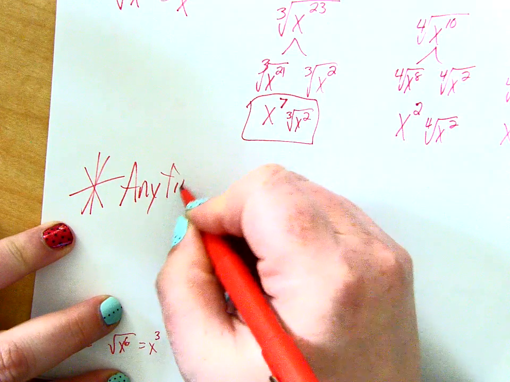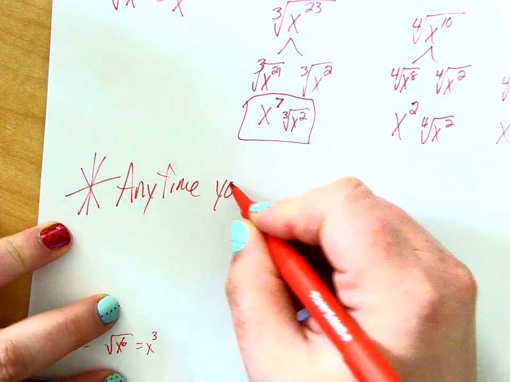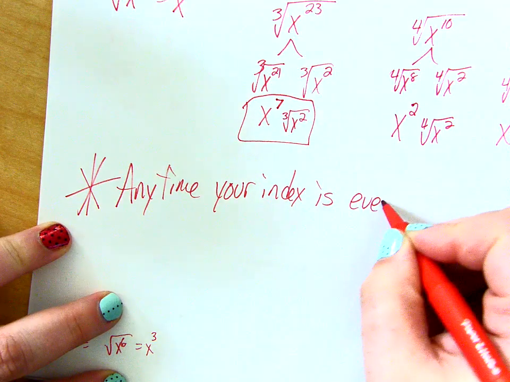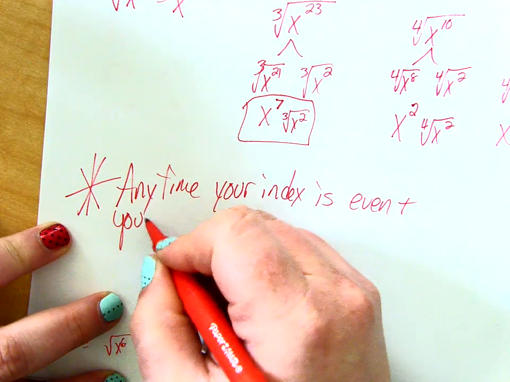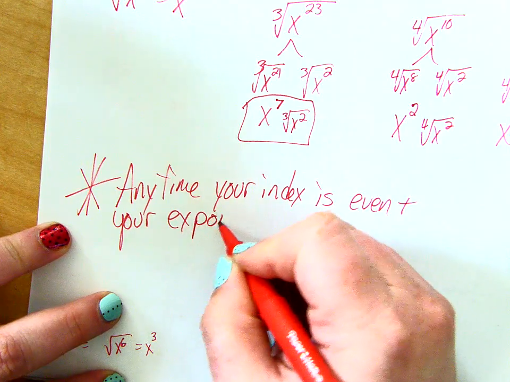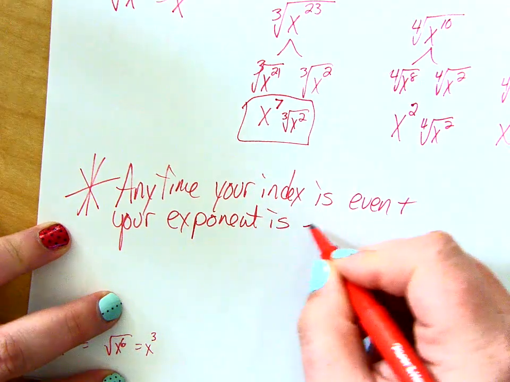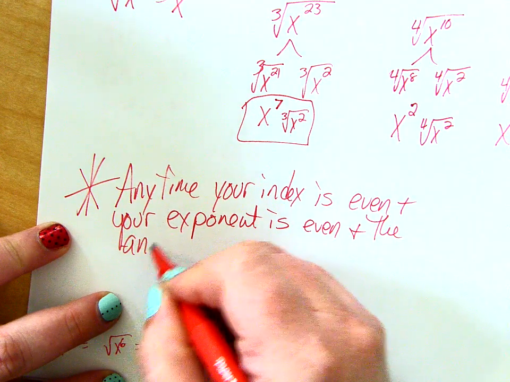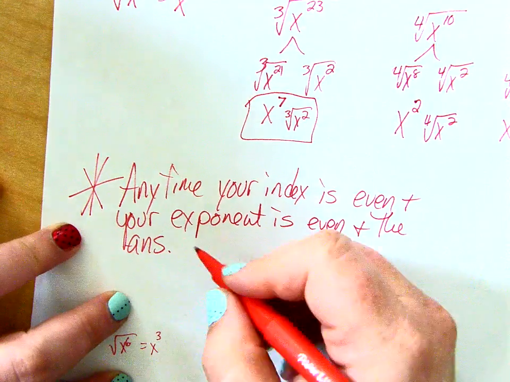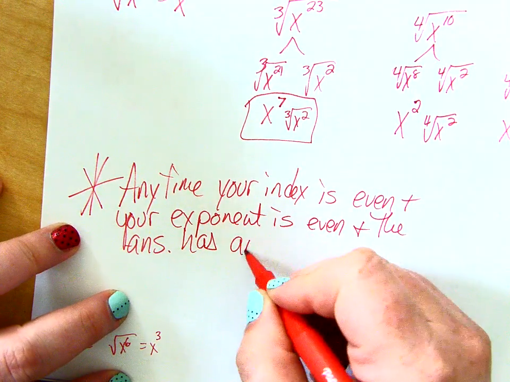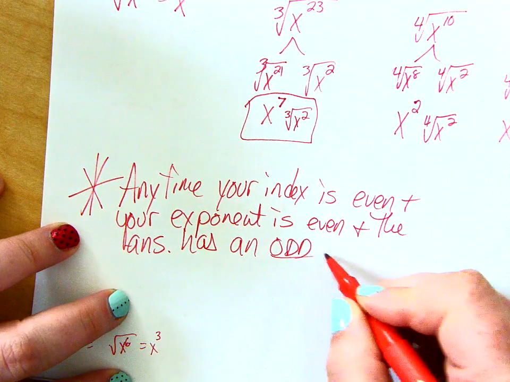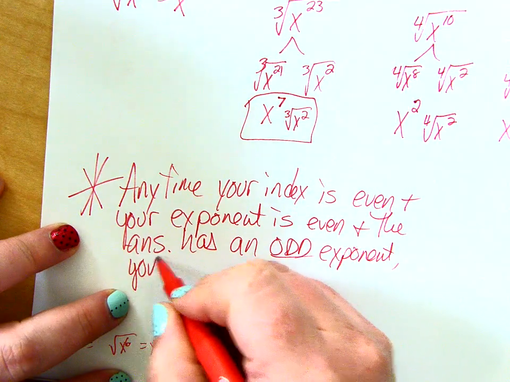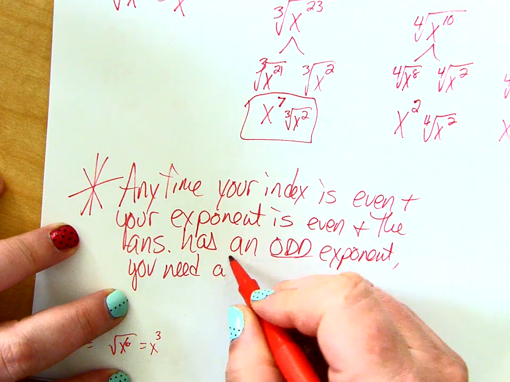Anytime your index is even and your exponent is even, and the answer has an odd exponent, you need absolute value bars.